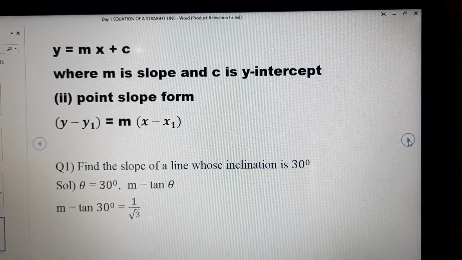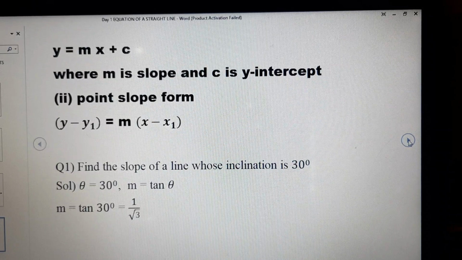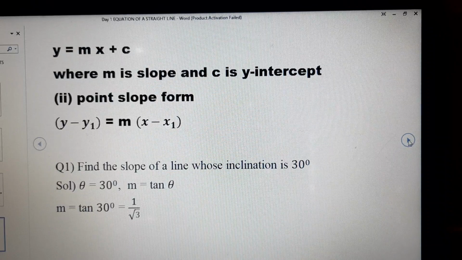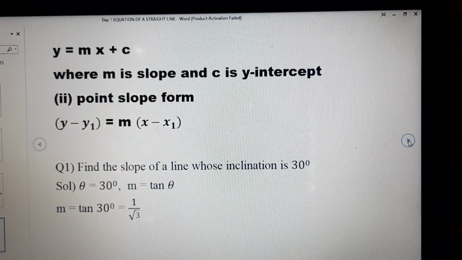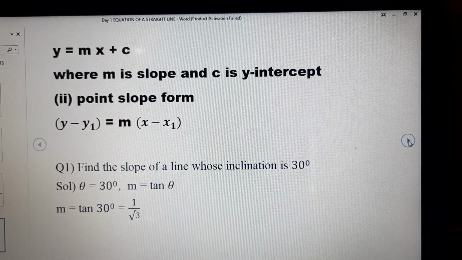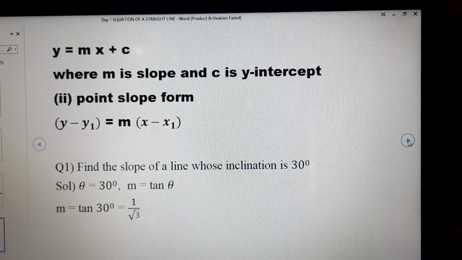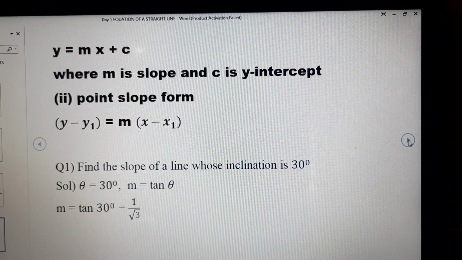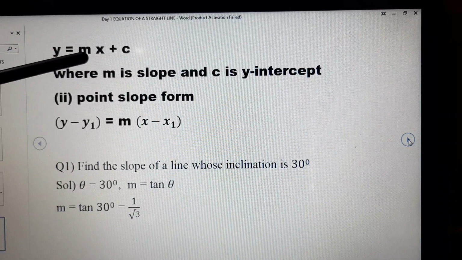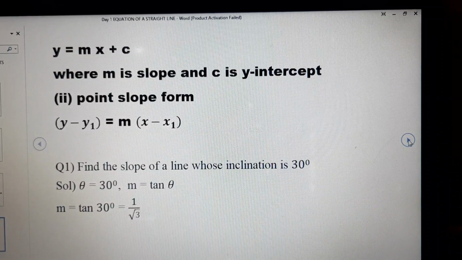Slope-intercept form is the standard form of the equation of a straight line if slope is given and y-intercept is given. If two things are known, slope and y-intercept, then you should use y is equal to mx plus c, where m is slope and c is y-intercept.